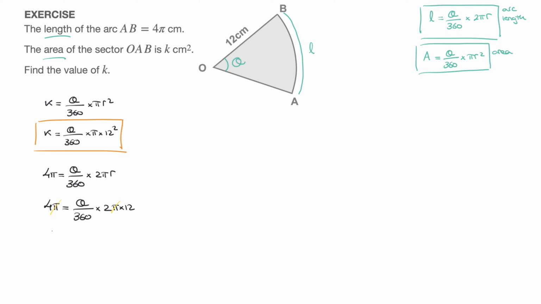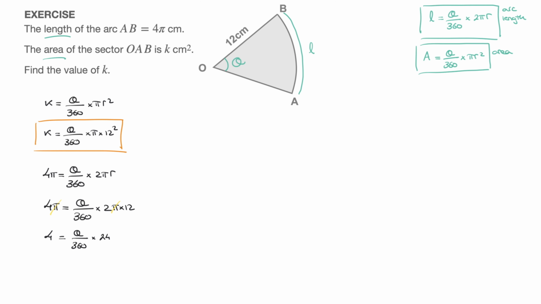And so this becomes 4 equals theta over 360 times 2 times 12, which is 24. So I'll just write 24 here. Now, remembering that our goal is to figure out what theta is, we need to get rid of this 360, which is dividing the right-hand side.